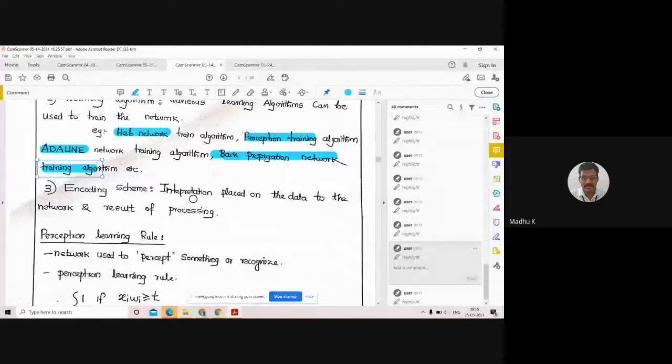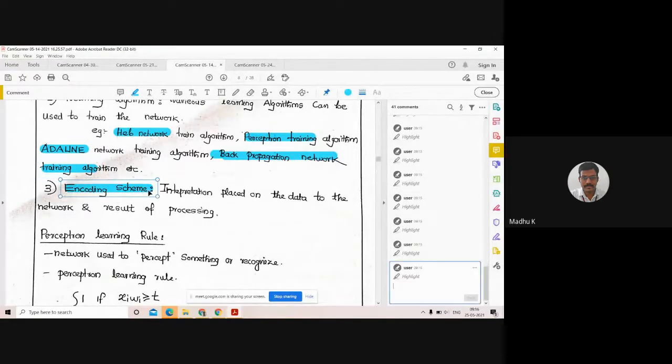That is, which data we are applying to the network and what type of result we are getting. This is also a global property. Sometimes in the exam they may ask which are the different properties of a network. There are local properties and global properties.